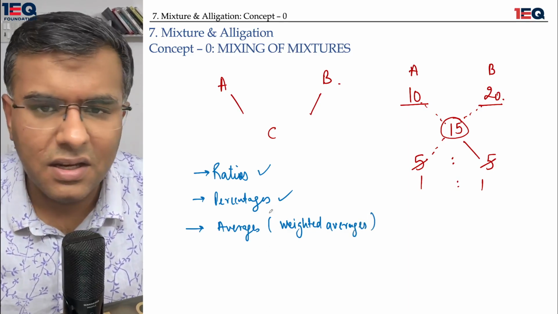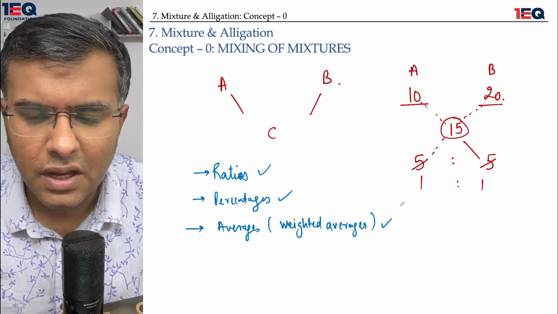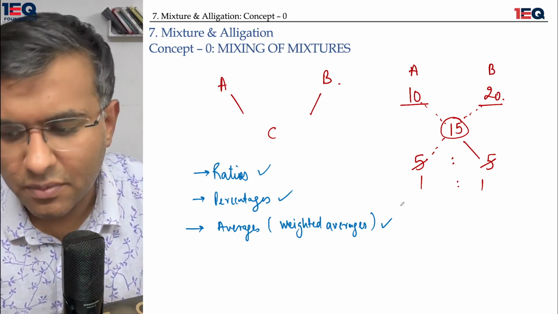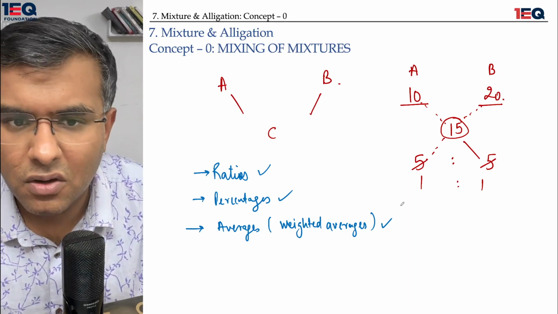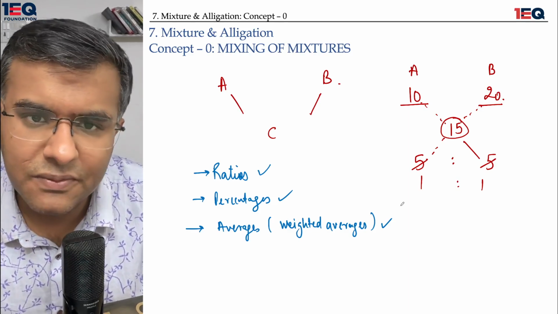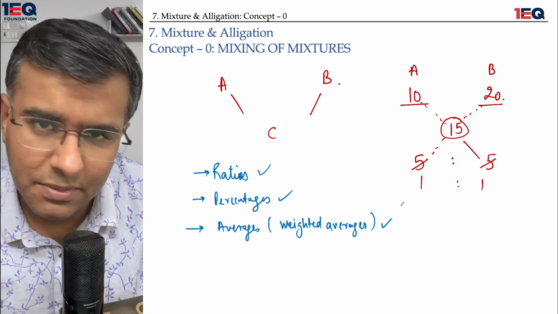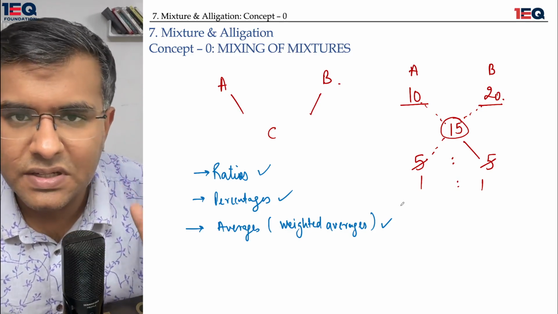So these three are the main concepts which you need to know. Even if some questions from mixtures come up, you need not know any extra formulas or extra concepts. The concepts would be derived from these three chapters only: ratios, percentages, and averages.